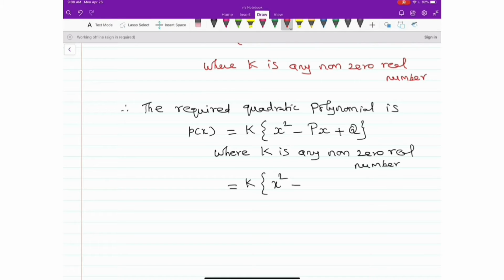I will be getting minus 4x minus 5. Therefore, of course, I have to write over here where k is any non-zero real number.